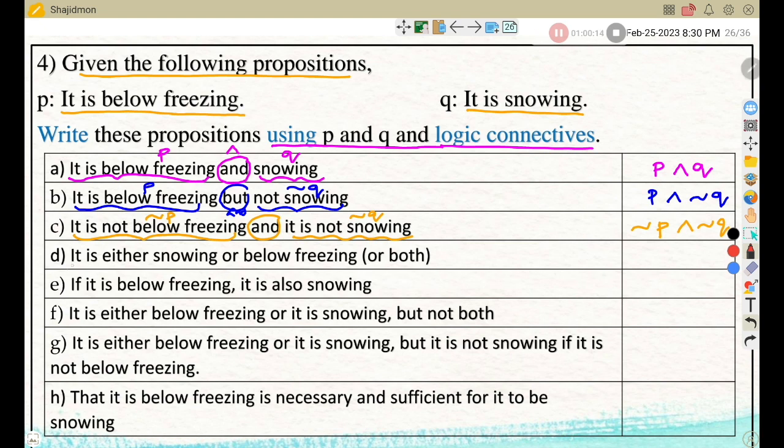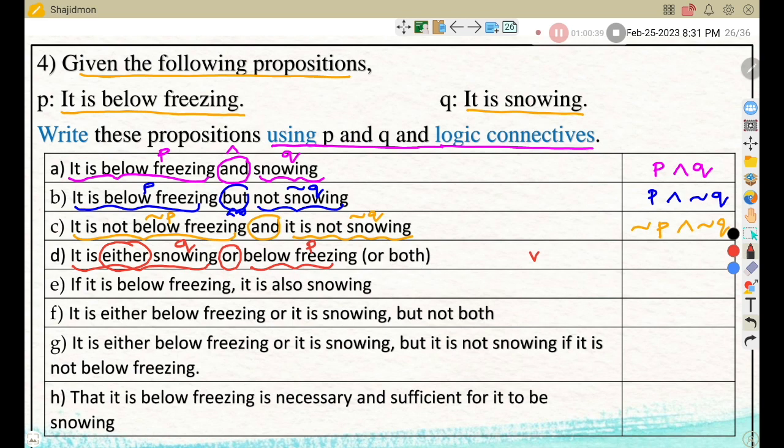Now we will go to question number D. It is either snowing or. Either or means, as I told, the or symbol. Correct? It is either snowing. Snowing means Q. Or below freezing. Below freezing means P. Or both means both are also happening.